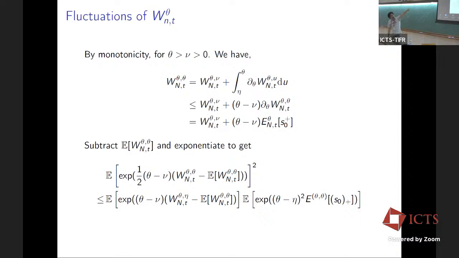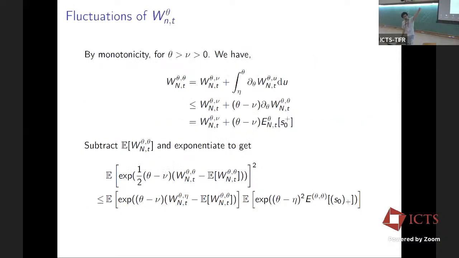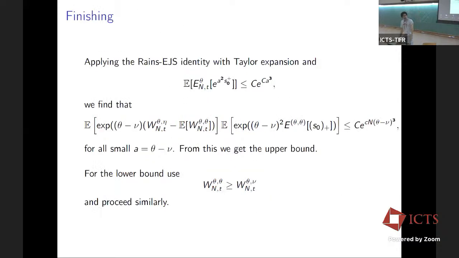If we subtract the expectation and exponentiate, we get this thing, which we can bound using EJS, and this thing, which we already know how to bound. And that's the end. You get the n to the 2/3 behavior. And for the lower bound, you can actually just use positivity. You can drop the integral and get a lower bound. And that's really all it is.